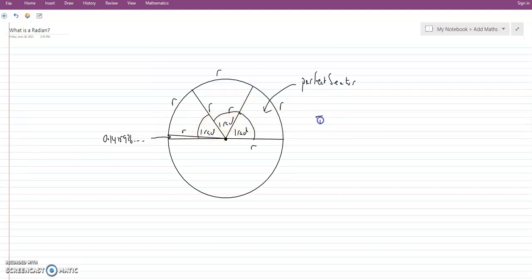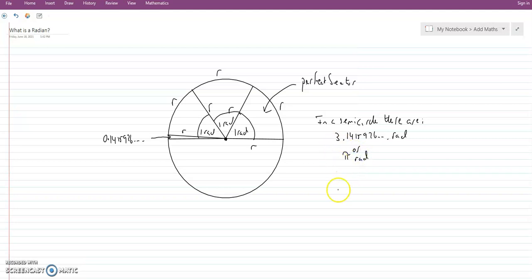If we add up 1 radian, 1 radian, and 1 radian, plus the sliver, in a semicircle there are 3.141596 and so on radians. 1 plus 1 is 2, plus 1 is 3, plus this gives us pi radians.